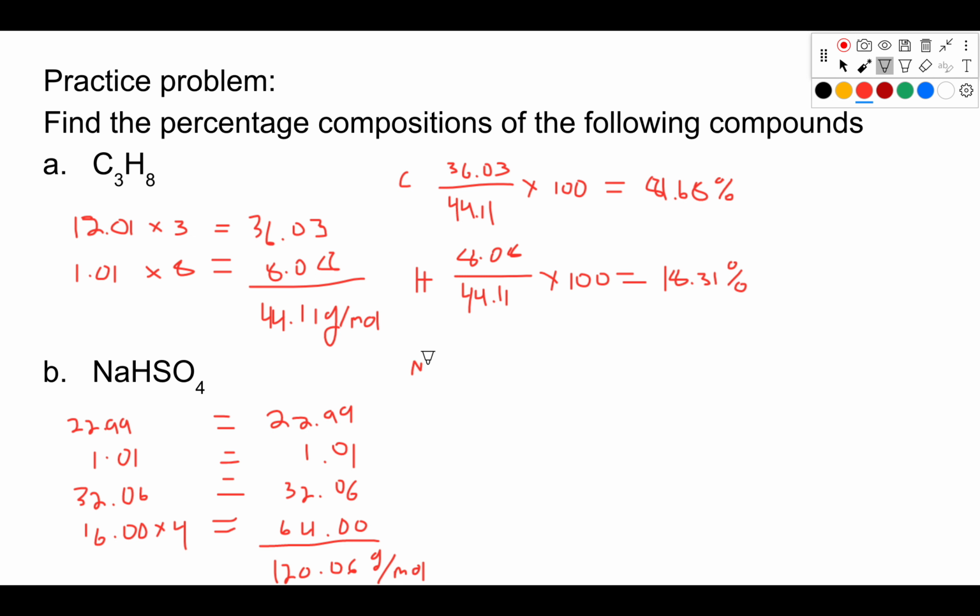So Na, sodium, we would do 22.99 divided by our 120.06 times 100 to get our percentage for that one.